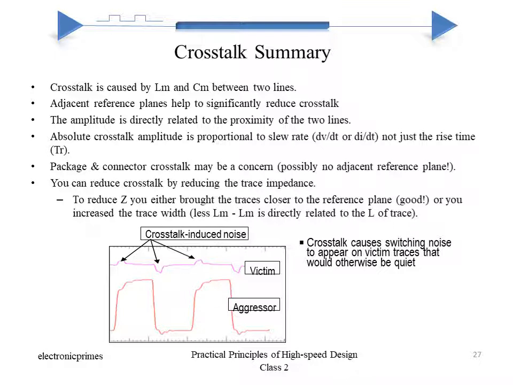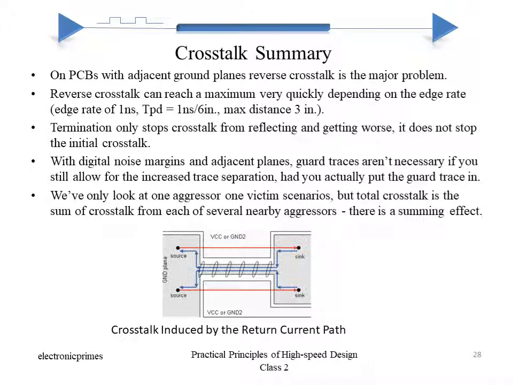Crosstalk causes switching noise to appear on victim traces that would otherwise be quiet, and you can see in the diagram how crosstalk induces noise between victim and aggressors. On PCBs with adjacent ground planes, reverse crosstalk is a major problem.